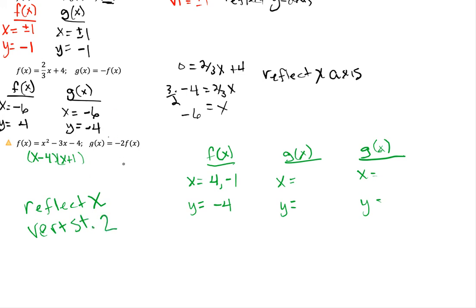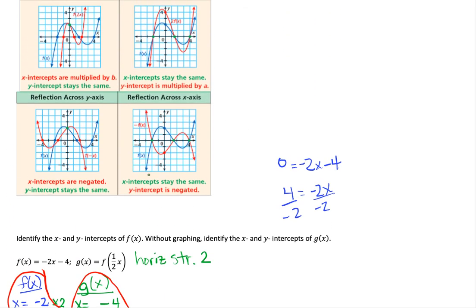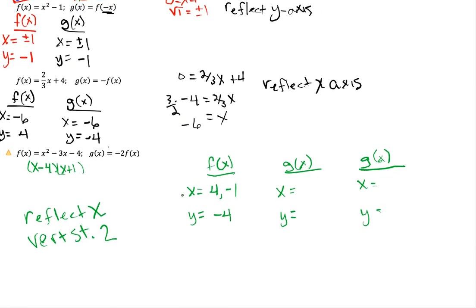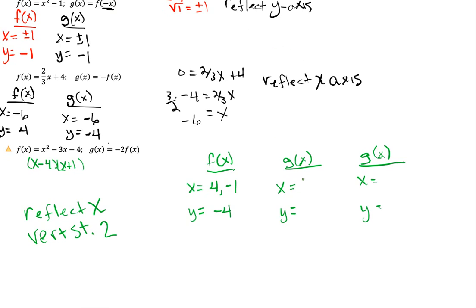Okay. So we'll just take those one at a time. I'm going to go left to right, so start with the reflect across the x-axis. To reflect across the x-axis, my x-intercepts will stay the same, but my y's will be negated. Okay, so my x's will stay the same, 4 and negative 1, and my y will be negated. So that's the reflection I did.